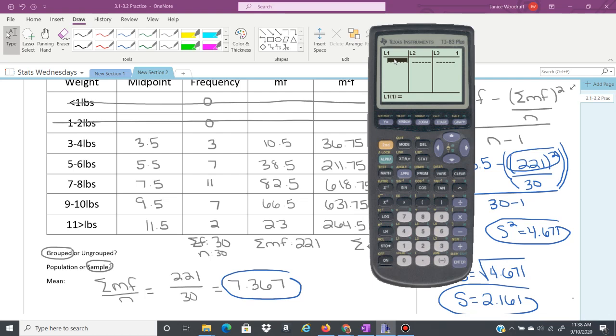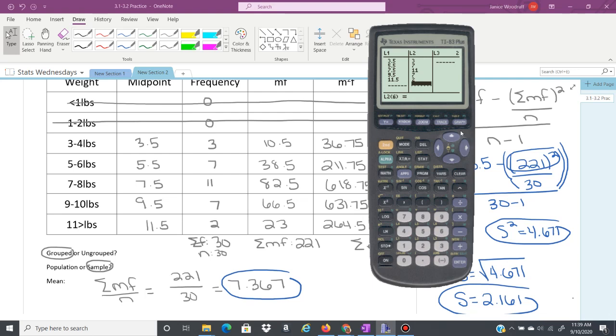Okay, so put your midpoints in first. And then scroll over, so you can just hit the right button. And then your frequency. Okay, so in L1, you've got your midpoints. In L2, you have your frequency.